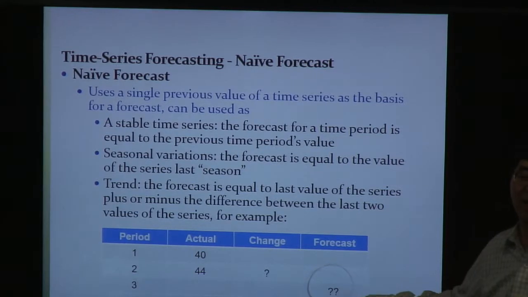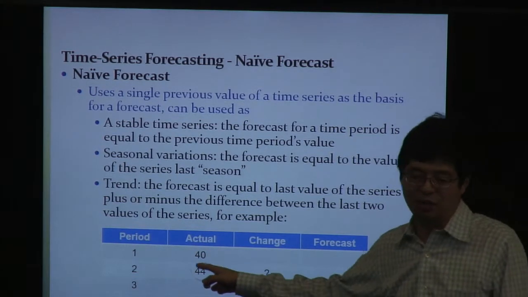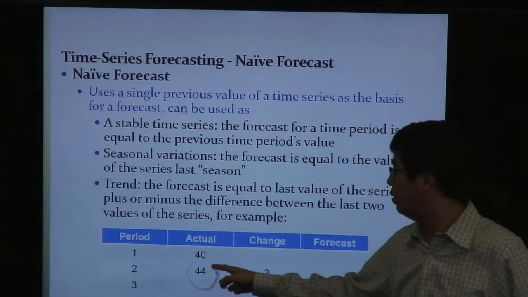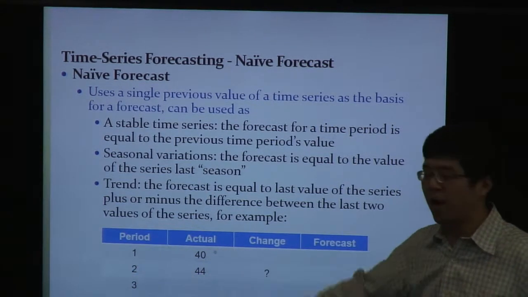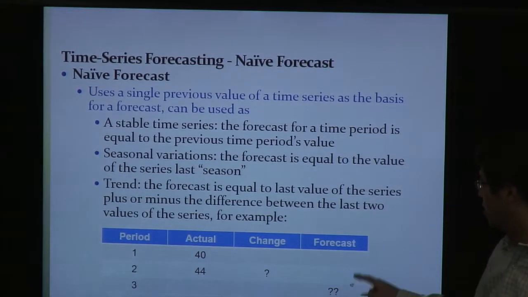Anybody remember that? Naive method with trend. 48. 48, right? 44 is the base of last period's actual value plus the trend, which is 4 increase trend, so that's 48.